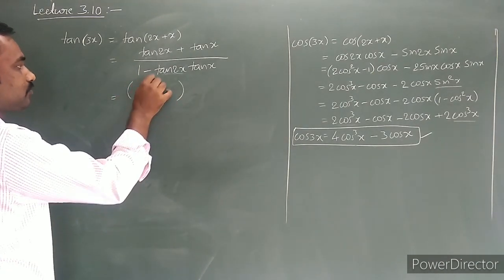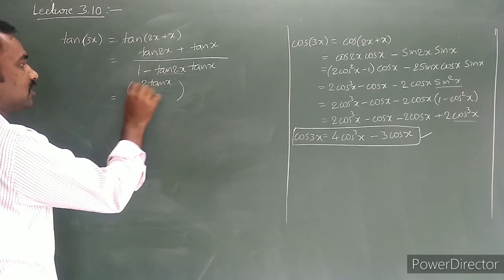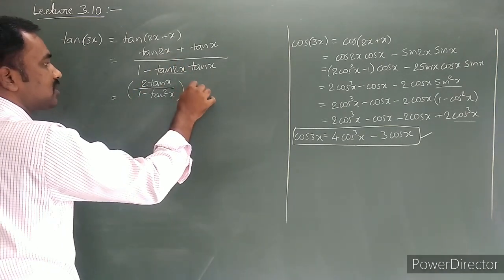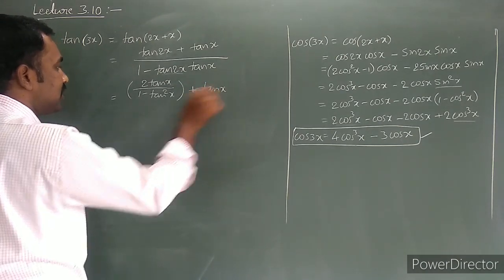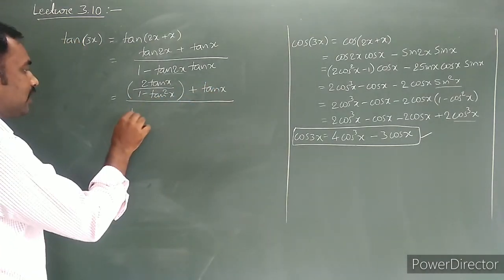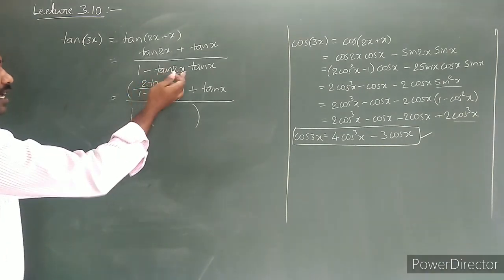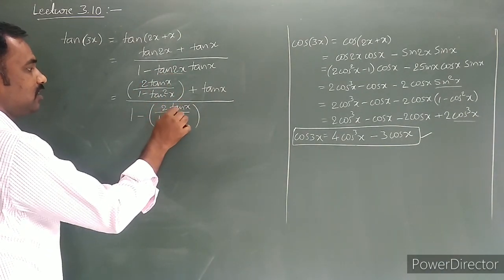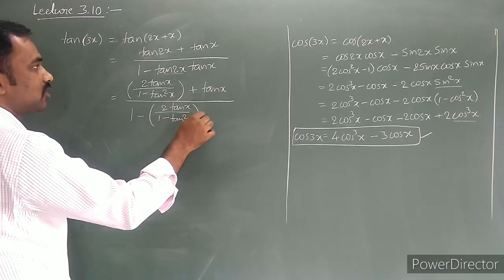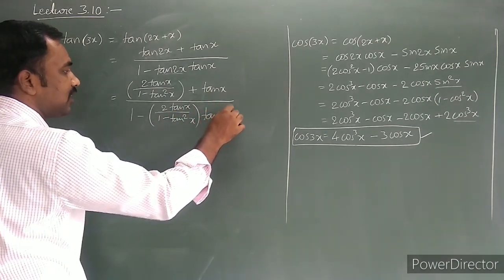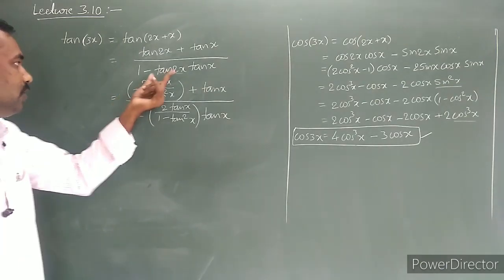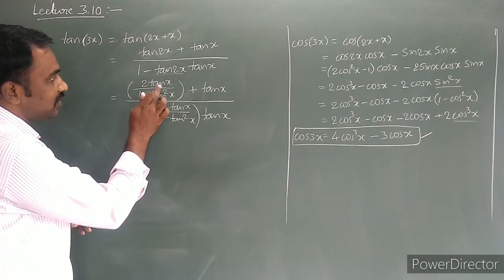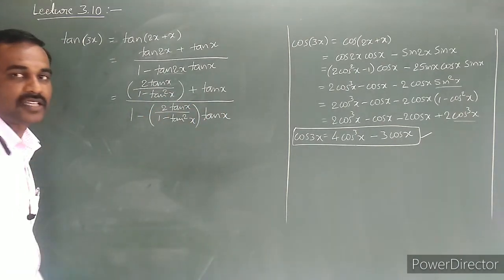That is 2 tan x divided by 1 minus tan square x, plus tan x as it is, divided by 1 minus 2 tan x divided by 1 minus tan square x, into tan x. I am just replacing the value of tan 2x. That's all. Now observe that in all the ratios the angle is x.